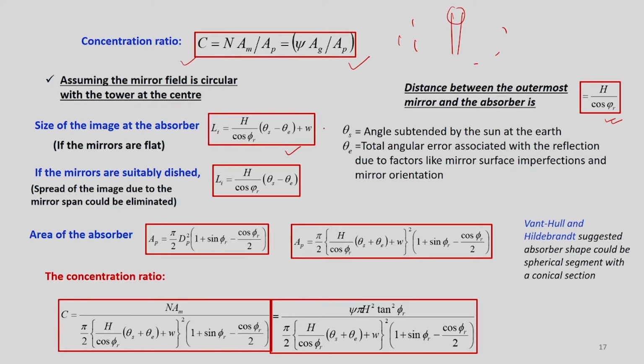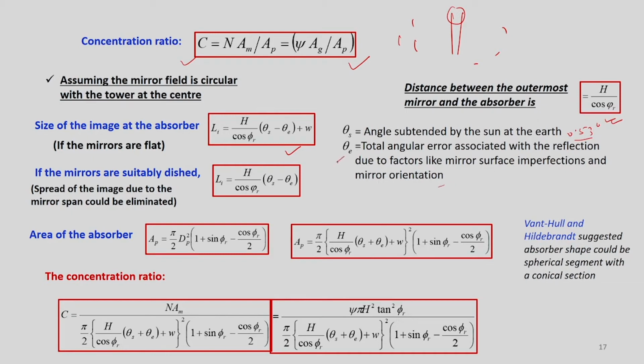Here, theta s is the angle subtended by the sun at the earth, which is always fixed, about 0.53 degree. And theta e is the total angular error associated with the reflection due to factors like mirror surface imperfections and mirror orientation.